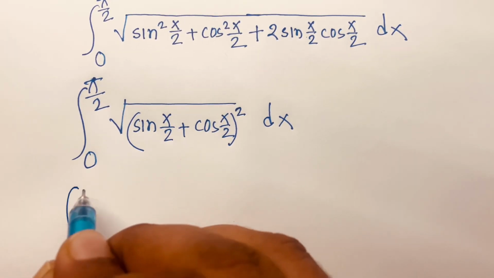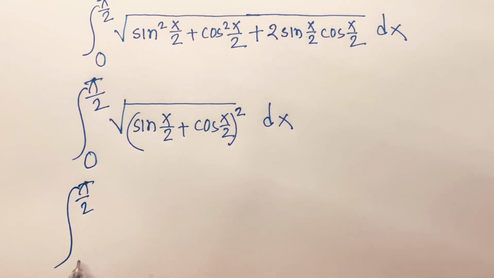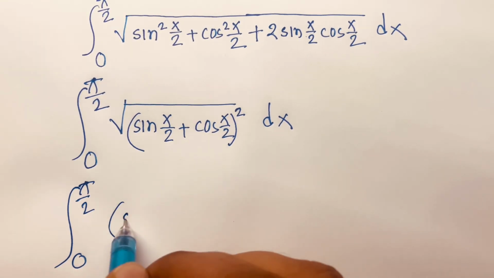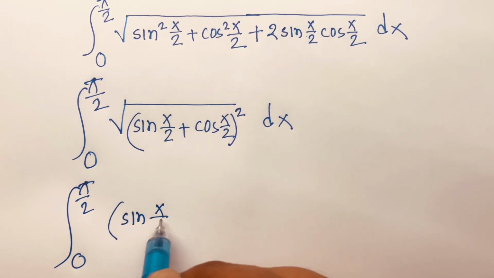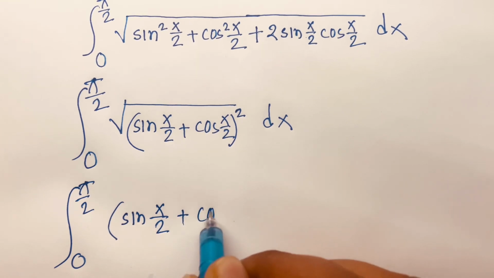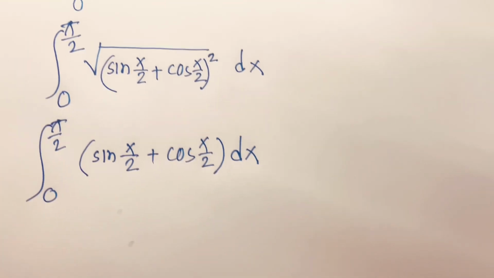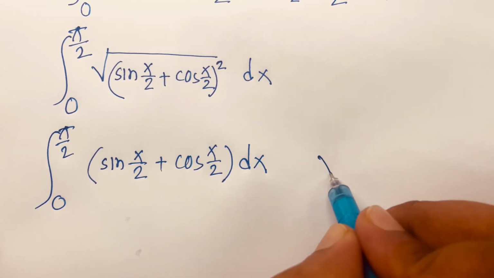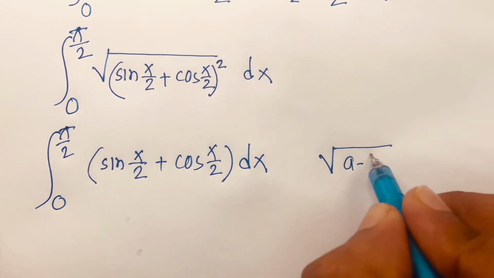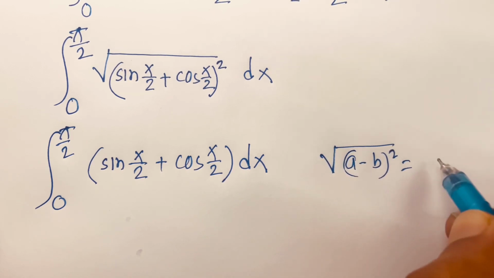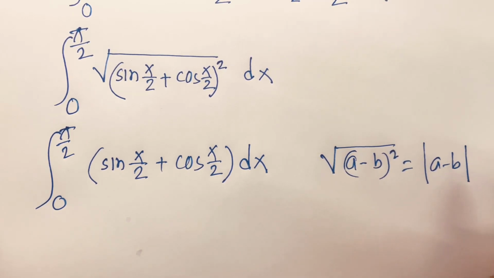We'll find the integral of sin x over 2 plus cos x over 2 dx. We know that the square root of a minus b whole squared will be a minus b.